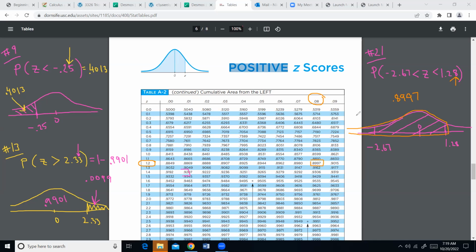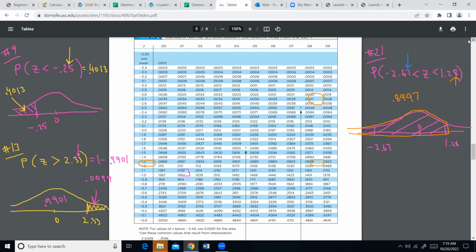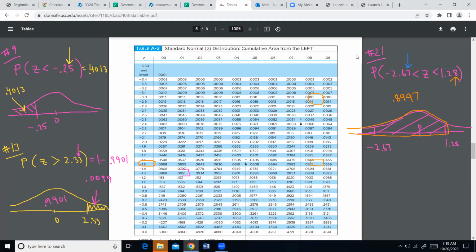So now I need to go for the second number. I need to find 7 of those hundredths, but first I need to go to the negative z-squares. So 0.07, that's for my column, 0.7 right here, and the row is negative 2.6.